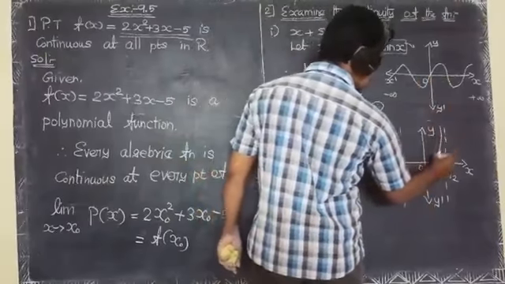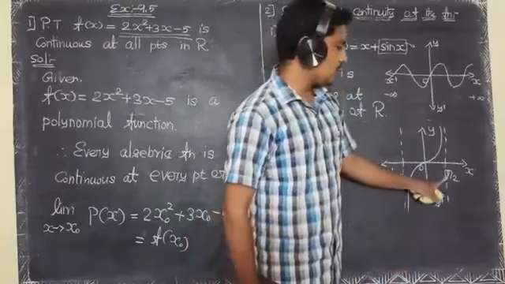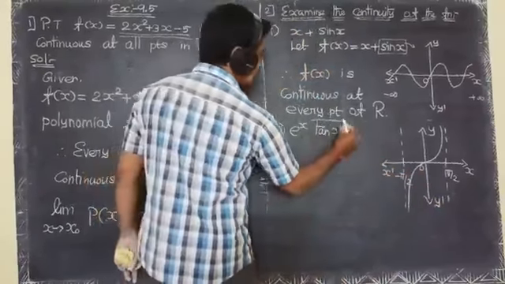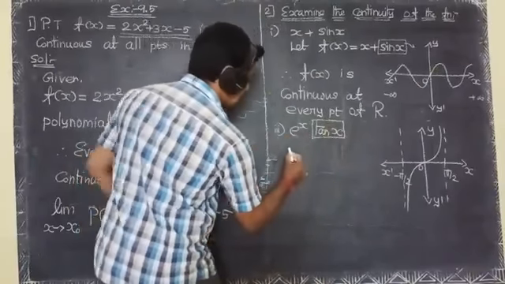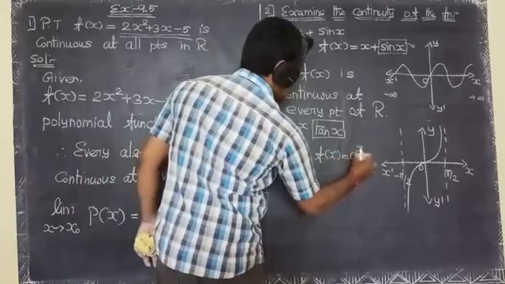Similarly, the given curve is continuous from minus pi by 2 to plus pi by 2. In general, let f of x equal e power x into tan x.